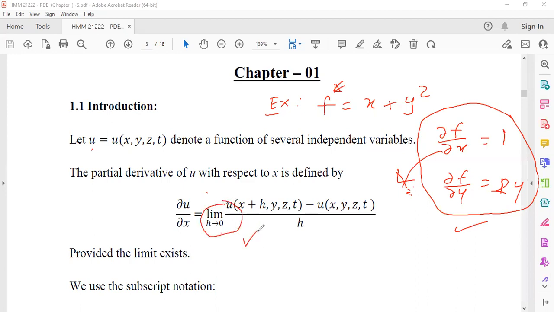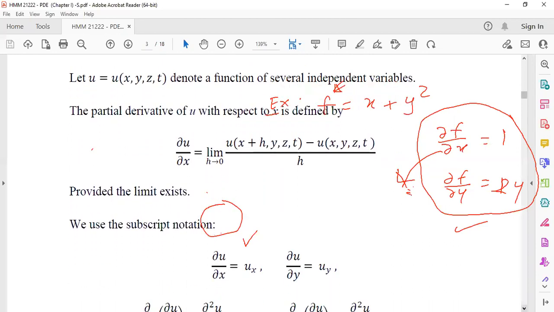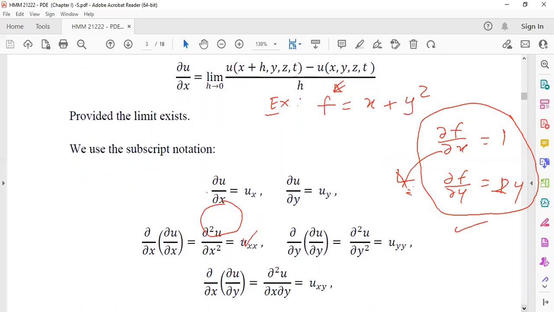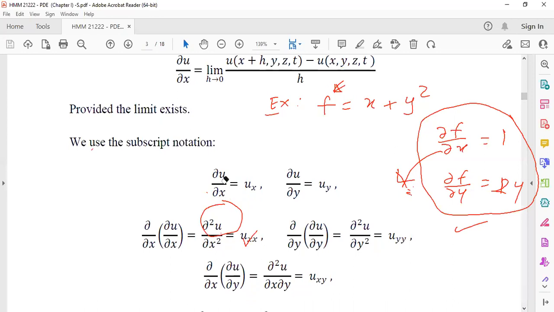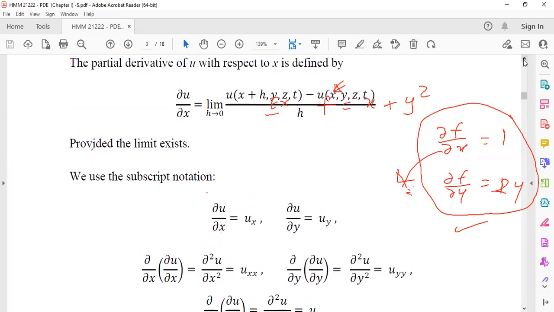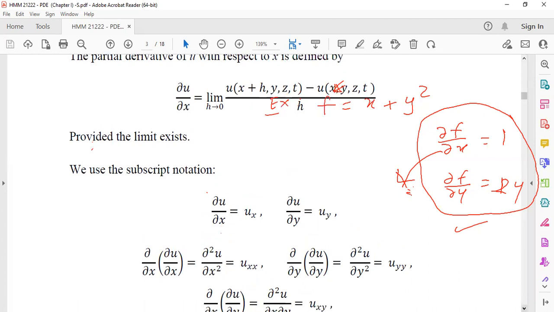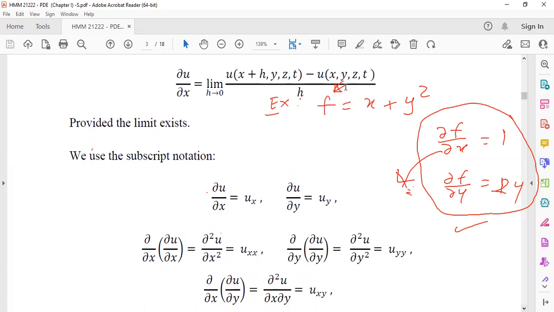If you are finding any difficulties, you can talk to me through the chat.